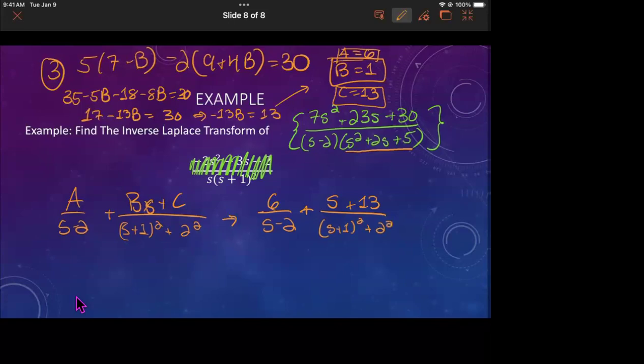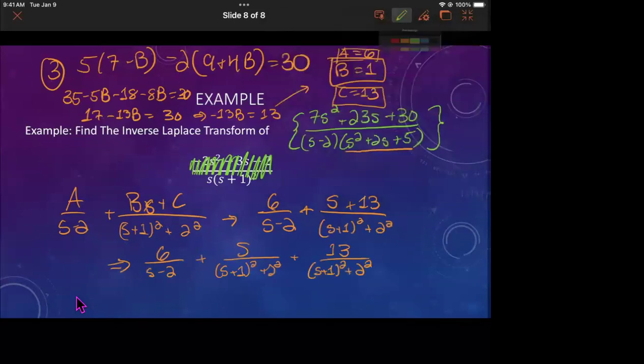Pretty sweet. We can reduce this down to 6 over s minus 2, plus s over s plus 1 squared plus 2 squared, plus 13 over s plus 1 squared plus 2 squared.